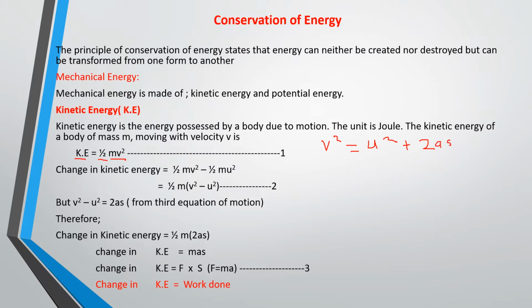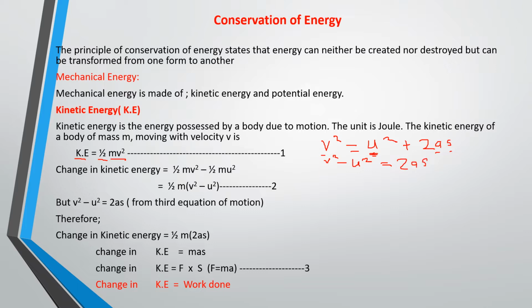2as. So for a body that starts from rest, the initial velocity will be equal to 0. For a body that starts from rest and accelerates with acceleration a and attains this final velocity, covering the distance of s, we can write that v squared minus u squared equals 2as.